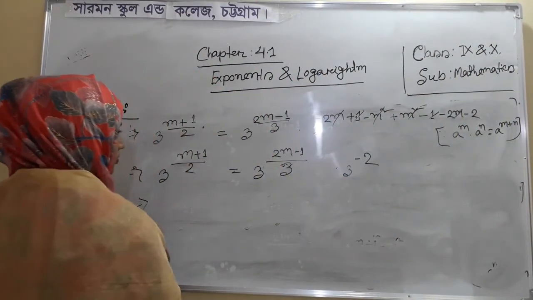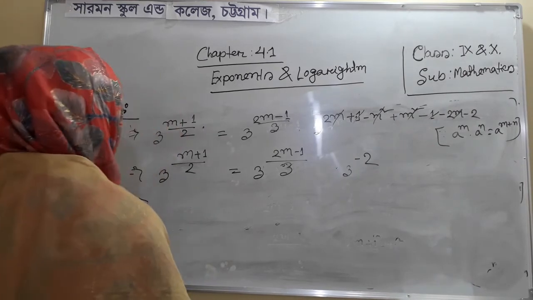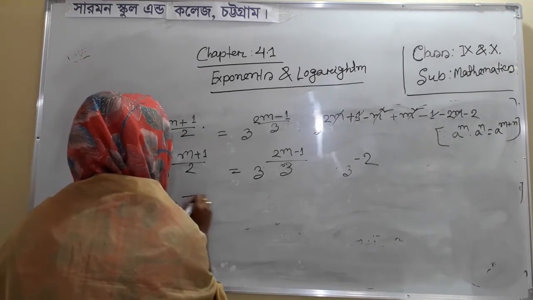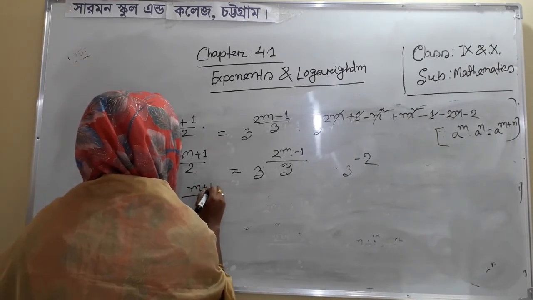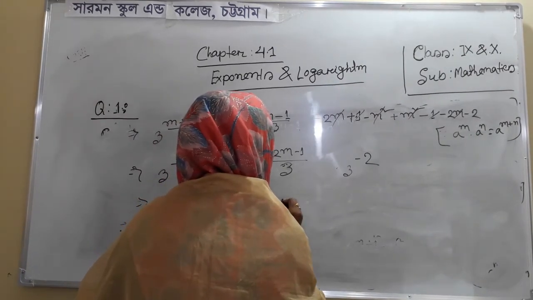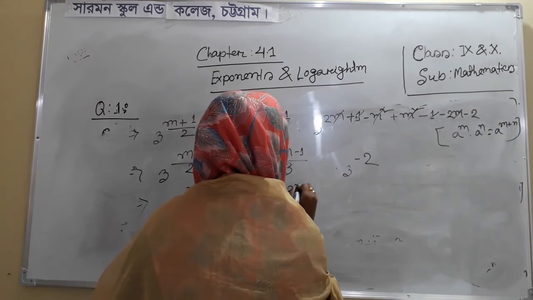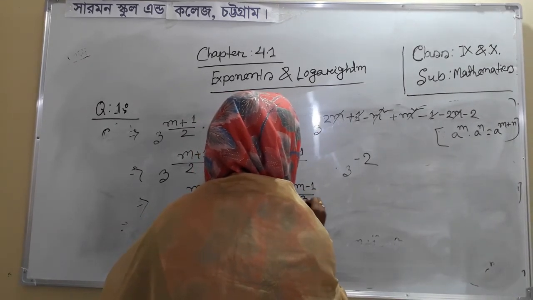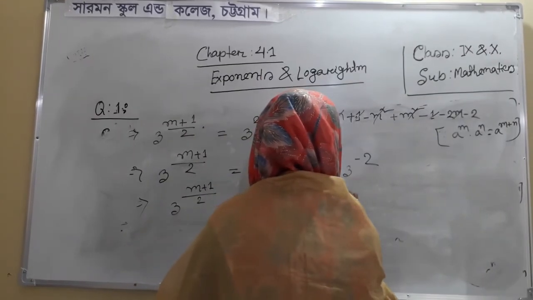Now 3 to the power m plus 1 divided by 2 equals 3 to the power 2m minus 1 divided by 3 minus 2.